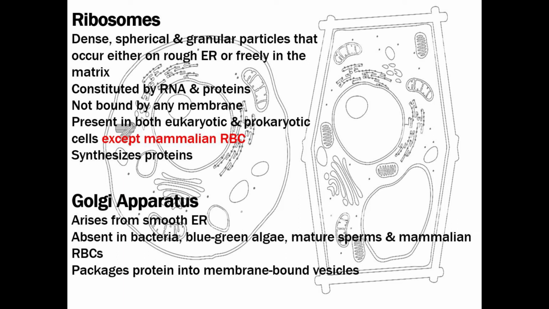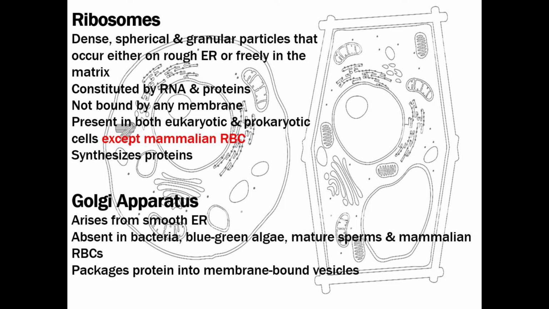Ribosome is a dense spherical and granular particle that occurs either on rough ER or endoplasmic reticulum or freely in the matrix. Now, matrix, I told you that in cytoplasm there are certain spaces where the fluid goes according to its own wish, that is matrix. And ribosomes are also like the same.